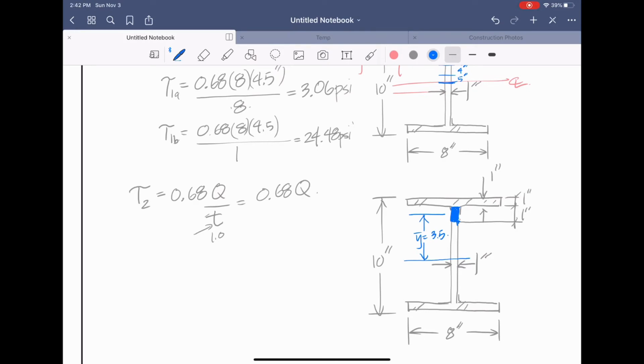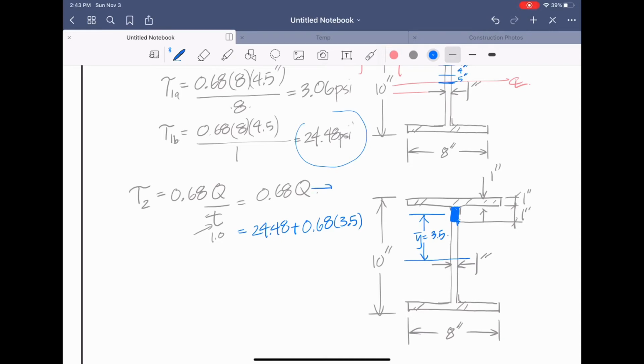So what we have then is we're going to actually take what's above, we're going to add it here, 24, we're going to add 0.68, and it's going to be 3.5. And I'm just shortcutting 3.5.